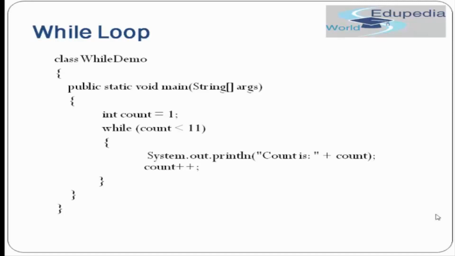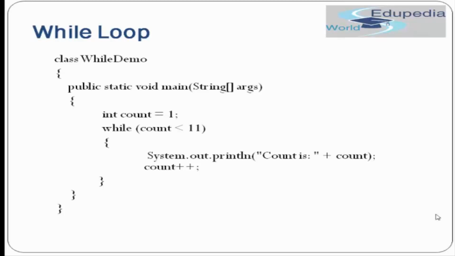You can see the work that we are doing is exactly the same as what we did in our for loop video, but this time we are going to implement it through a while loop. After initializing the count variable to 1, we write the while loop where we write the condition for when to stop it. The condition is that it will keep on executing while count is less than 11, that is, till 10.